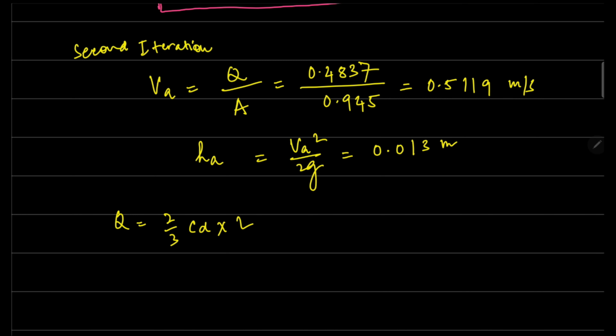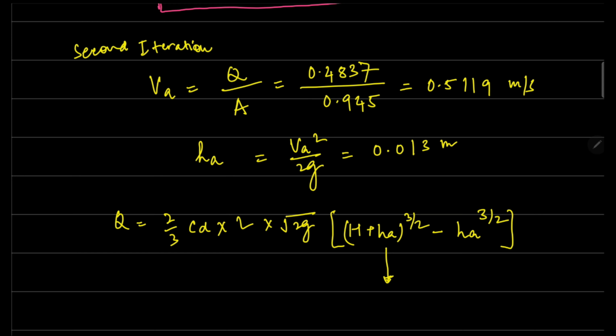Now this value is under root 2g multiplied by, in brackets, h plus ha raised to the power 3 by 2 minus ha raised to the power 3 by 2. So all values are available to us.